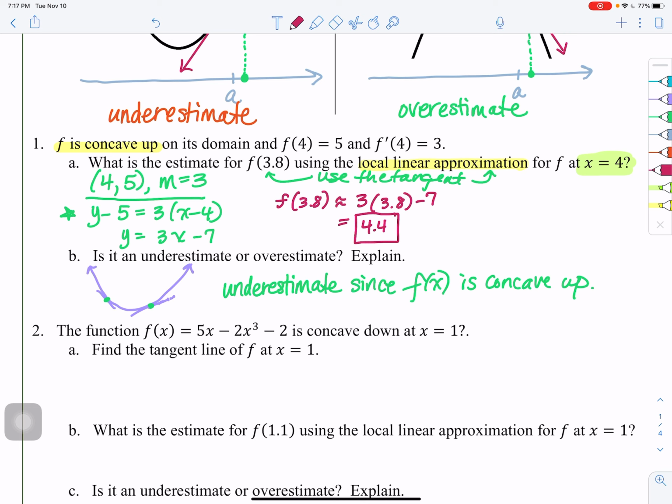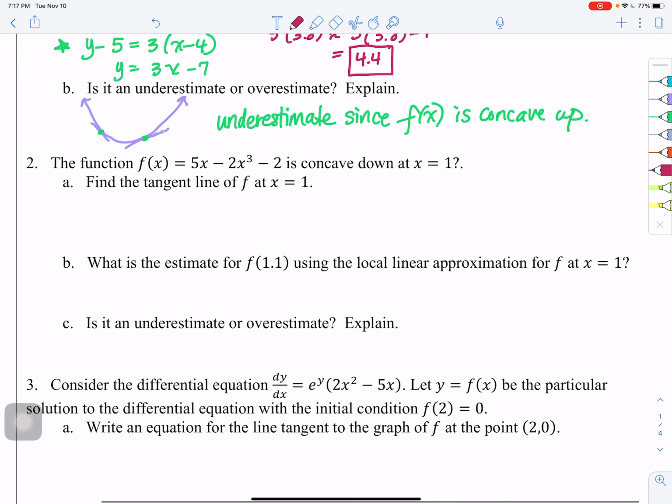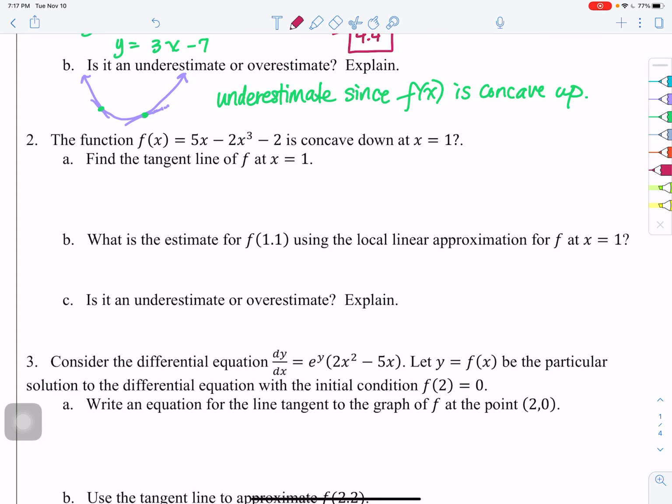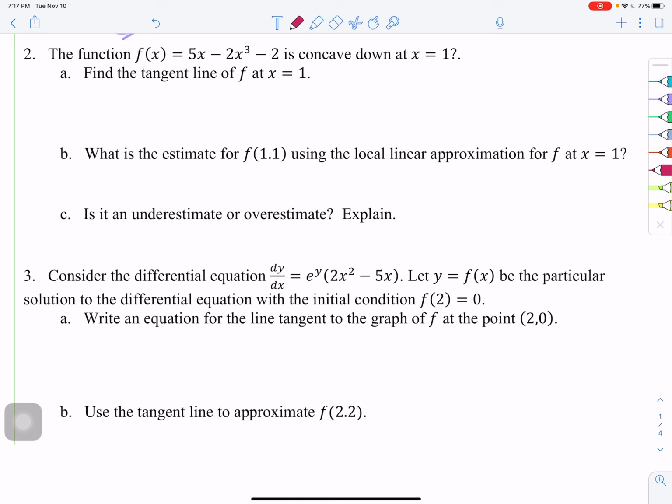So here we have a function, f of x equals 5x minus 2x cubed minus 2, and they're telling us that it's concave down at x equal to 1, okay?